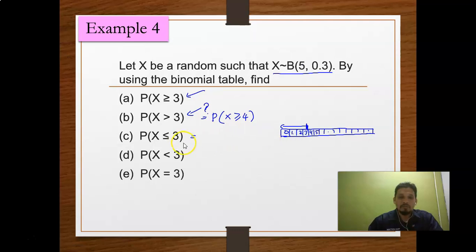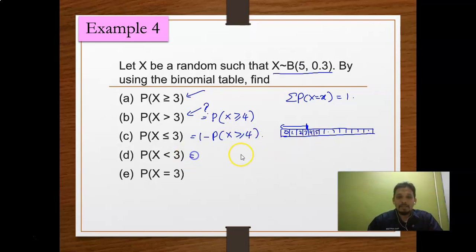The total of the probabilities is equal to 1. Please remember what we learned last time in random variables: the summation of all the probabilities equals 1. So because we want it from 0 until 3, it is 1 minus the probability of x greater than or equal to 4.